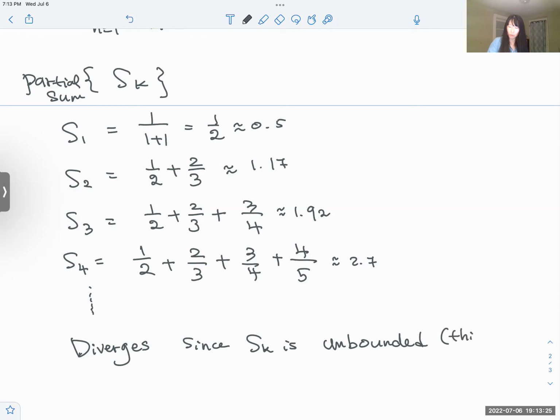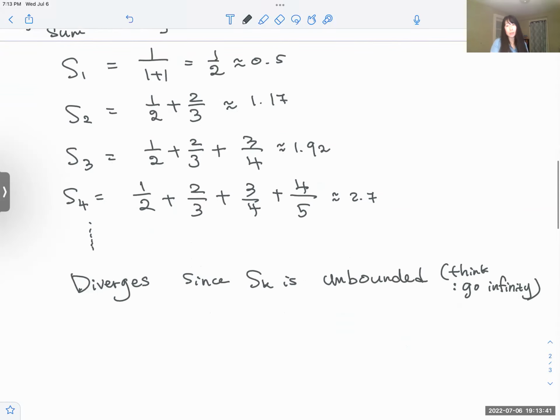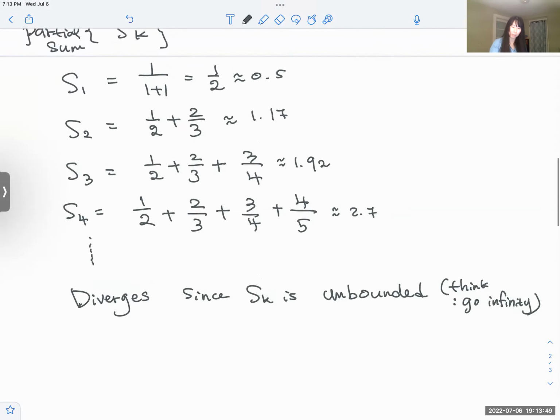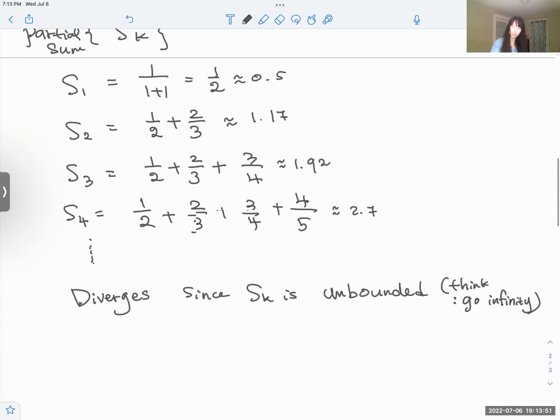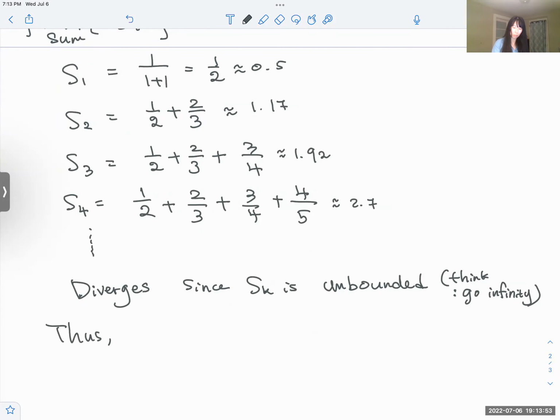Think of unbounded as going to infinity. Since the partial sum diverges, we can say the whole series diverges. Let me just say that the series diverges.